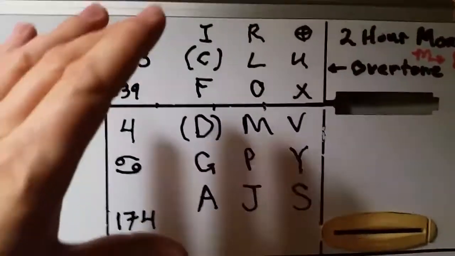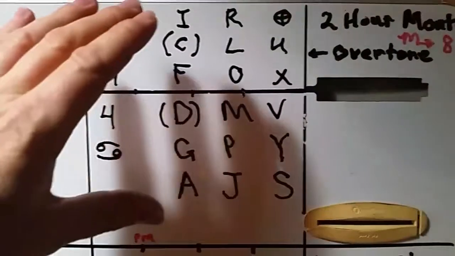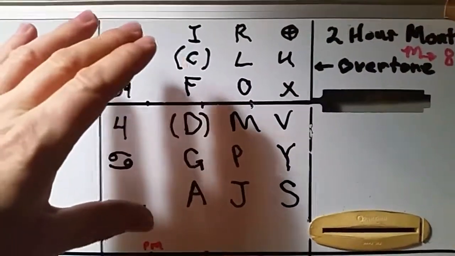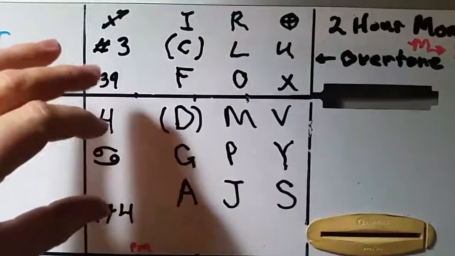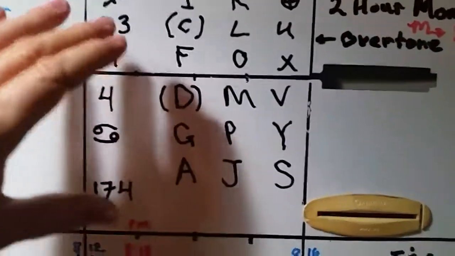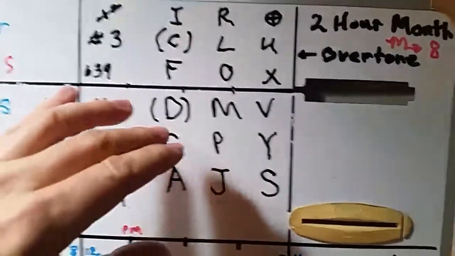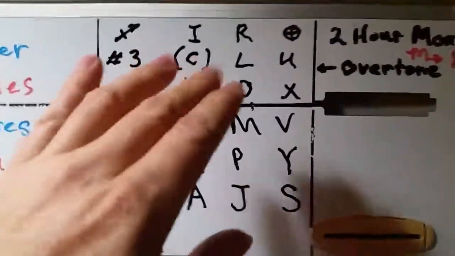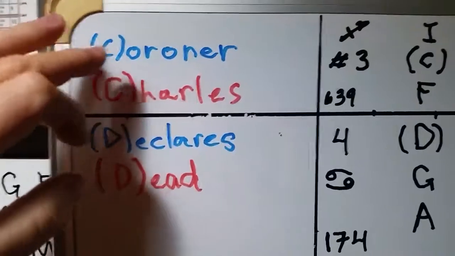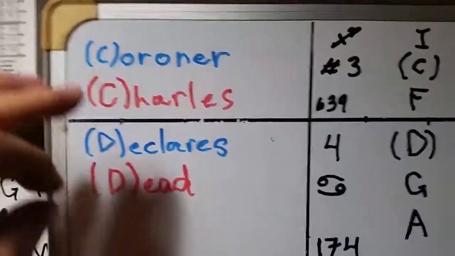But what happens when we look at the spiritual connections here, overtone 3, month day 4, for this 4-minute window of time, we see the C and D are bracketed. Okay, that is coroner declares Charles dead.